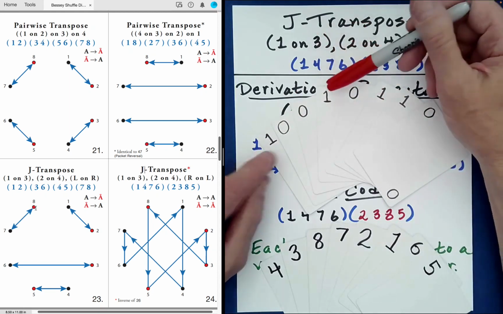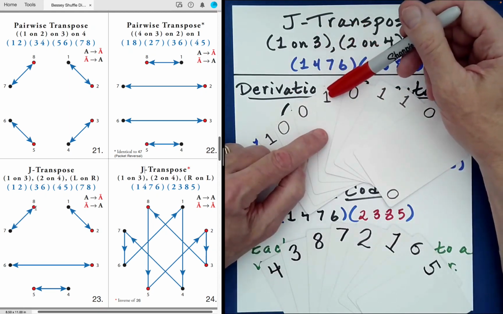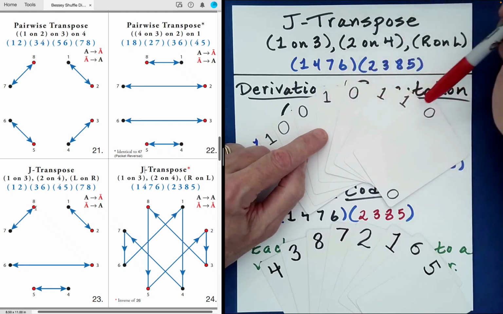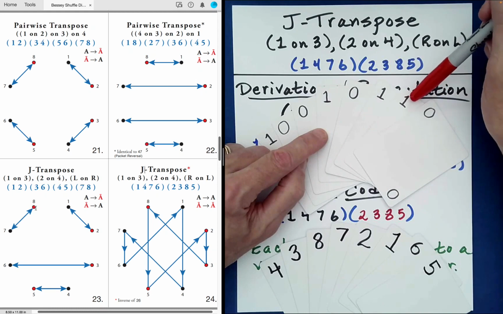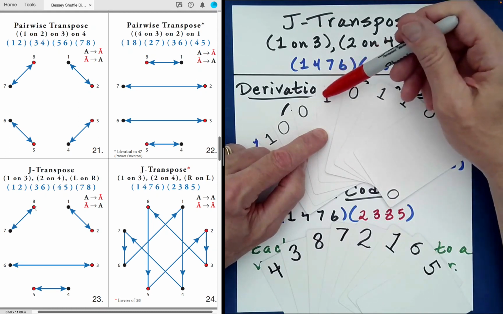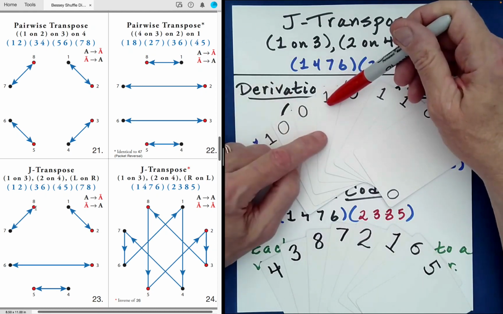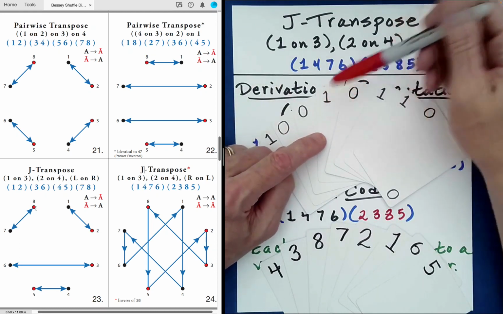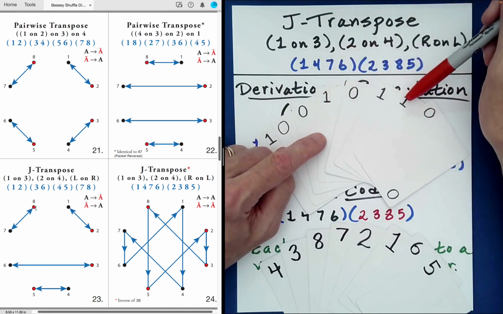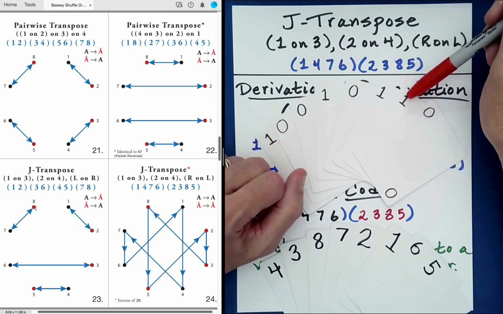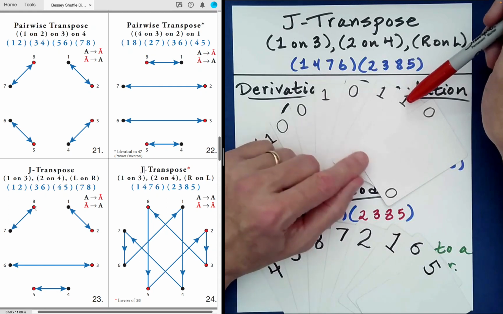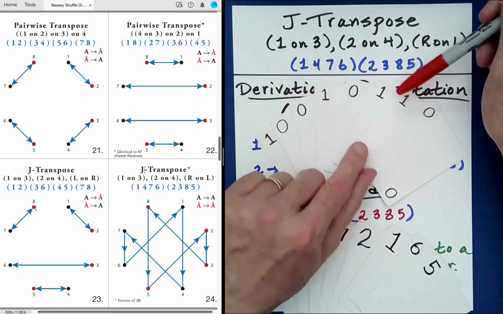Similarly, 4th place now is being assigned to what was originally in the 7th position right here. So what started out here has been moved to this position right here, in other words, 4th place. And maybe to do one more, 7th position. After that shuffle's done, 7th position now has gone to the card that was originally in the 6th position.